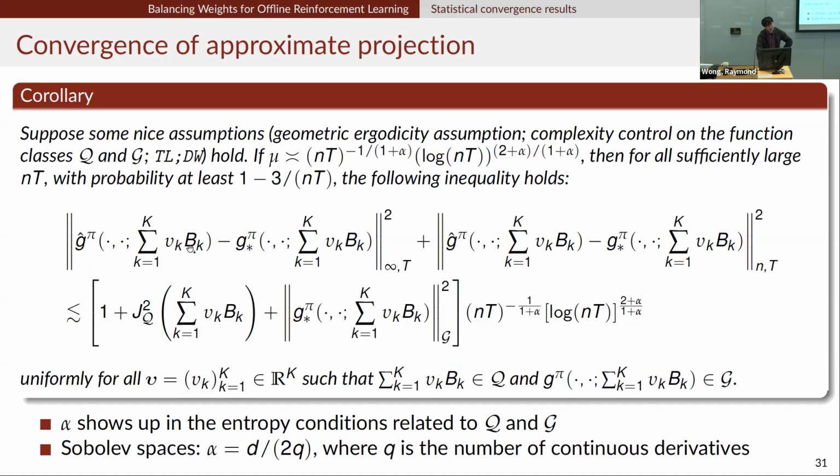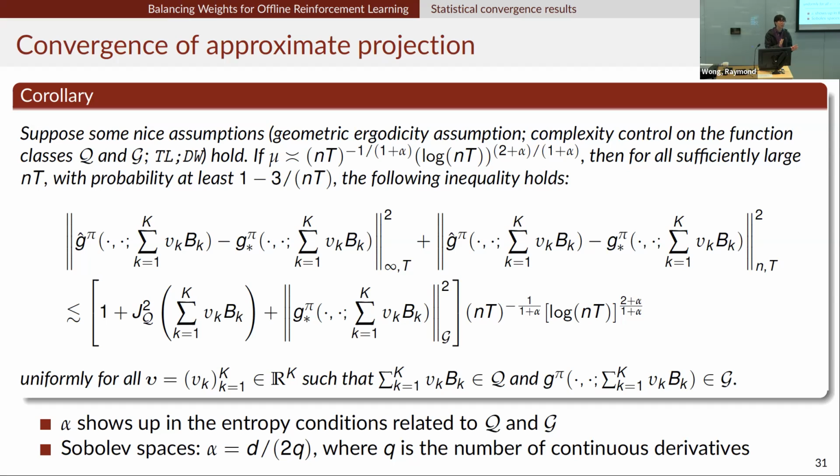Another important feature is that this scales with both n and nT, so you can have convergence even under fixed n settings.